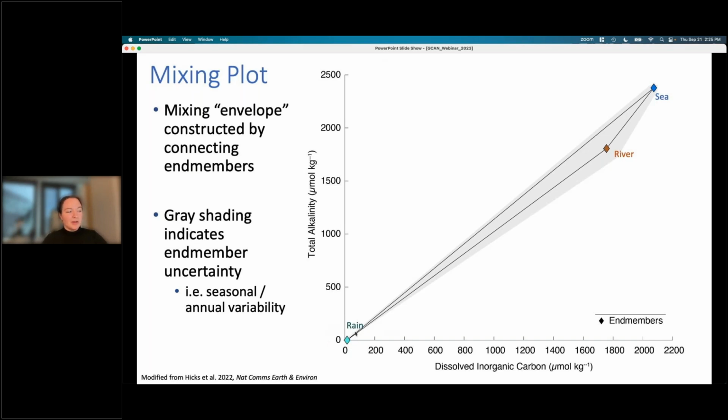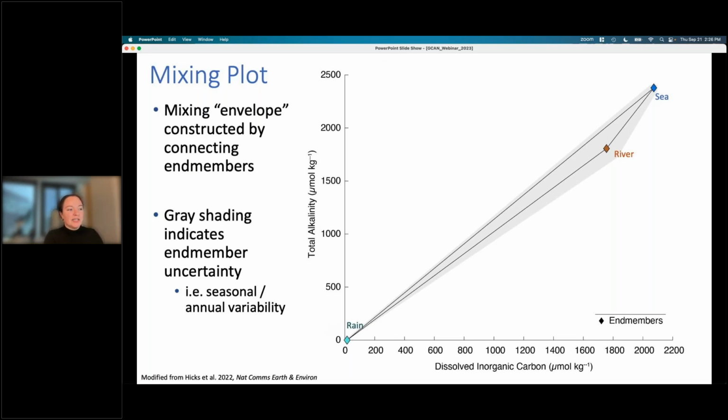The rainwater at about 0, river at about 1700 for both, and seawater at a value of about 2100 to 2400. These points are then connected by lines to create a mixing envelope similar to water mass calculations, and the gray shaded region behind indicates the relative uncertainty and/or seasonal and annual variability in some of these values.